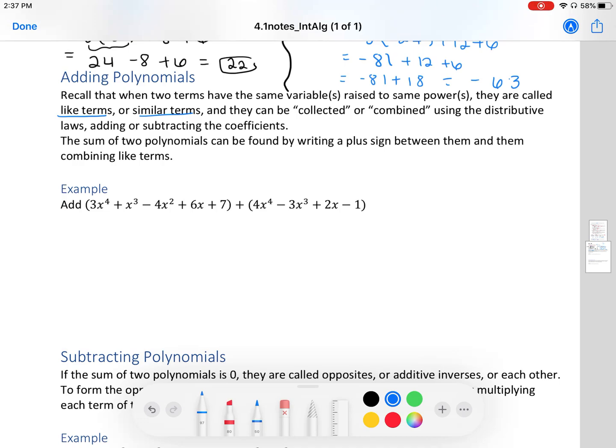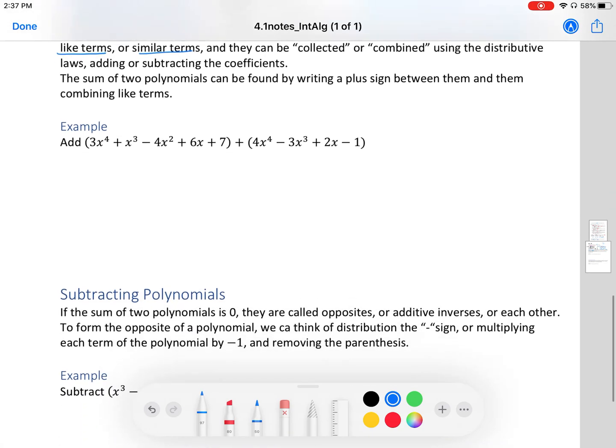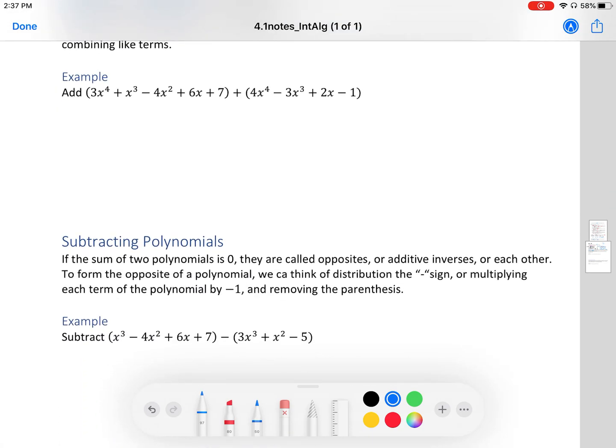The sum of two polynomials can be found by writing a plus sign between them and combining like terms. So for example, in this problem, I have 3x to the fourth power plus x cubed minus 4x squared plus 6x plus 7 plus 4x to the fourth power minus 3x cubed plus 2x minus 1.